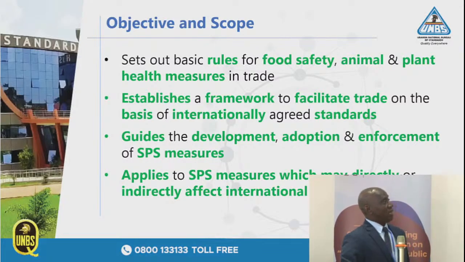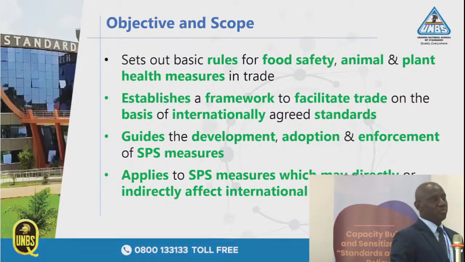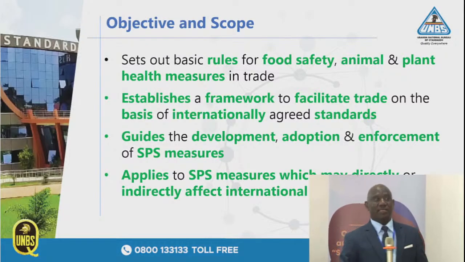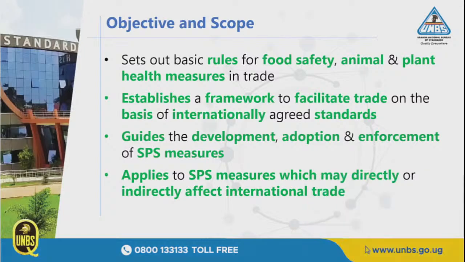The agreement also guides the development, adoption, and enforcement of SPS measures. And as was mentioned by the Doctor, the idea here is that we should try as much as possible to harmonize our SPS measures to the international standards developed by IPPC, the Codex, and the OIE, or WOAH.